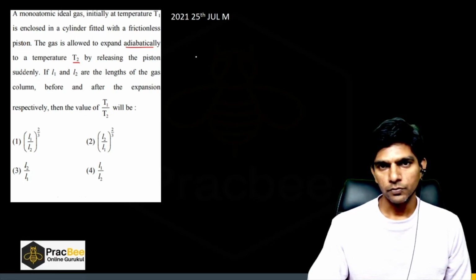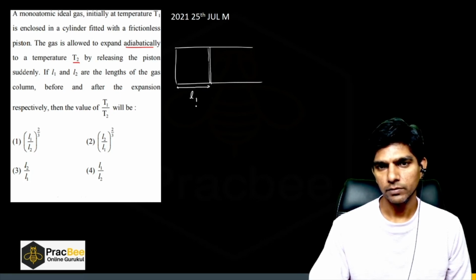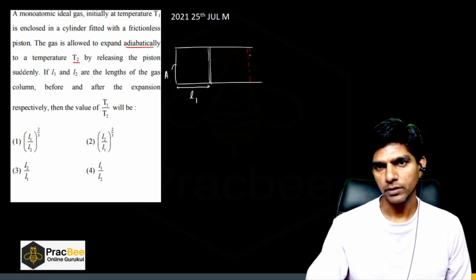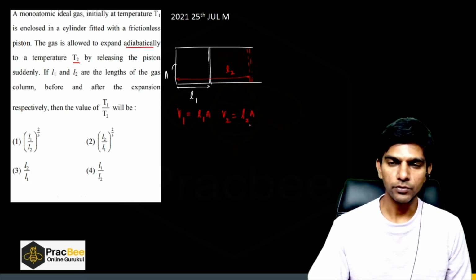So there is a cylinder, and let us say the initial length of the column is L1, and the area of cross section is A. Now this piston has moved up to this mark, and the new column length becomes L2. So the initial volume is L1 times the area of cross section, and the final volume is L2 times the area of cross section.